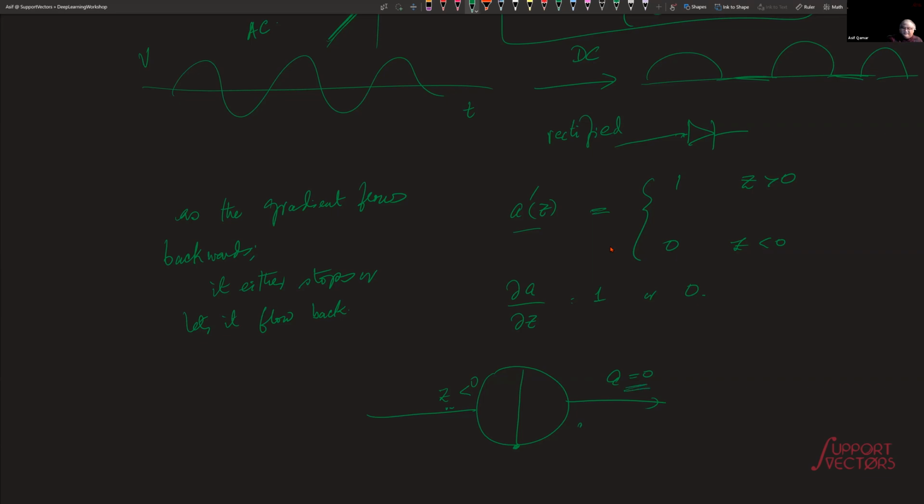Because not only is the activation 0, what happens to the gradient? dA/dZ is also 0, isn't it? For negative Z, this node is essentially a dead node. So as your neural network learns, if the previous layer sends it a negative input in the forward direction, that node pretty much dies, which is a big problem that you need to solve.